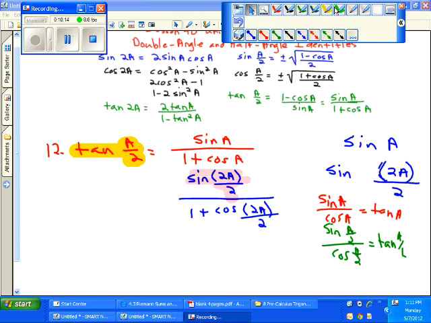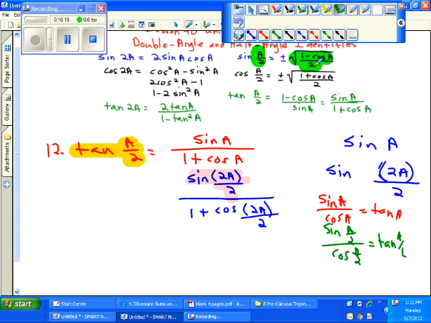What we were thinking is if we use a half angle identity, look at the mess we're getting. We don't like that. That's not pretty. It's just not pretty at all.